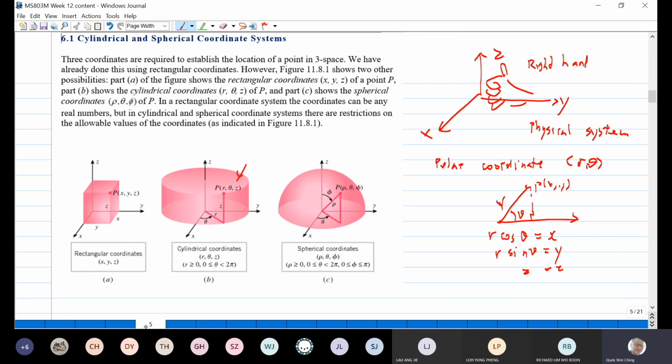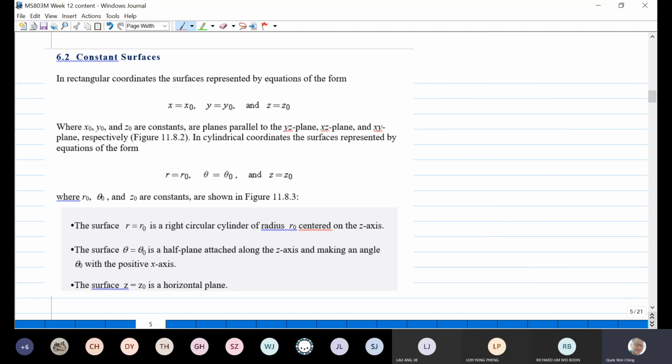Okay, so now let's look at some of the meaning of this. In rectangular coordinates, when x equals x0, y equals y0, and z equals z0, these are called coordinate planes. Okay, it means x is a constant, y is constant, z is constant. What are they? If we say x equals x0, this is a plane parallel to the yz plane.